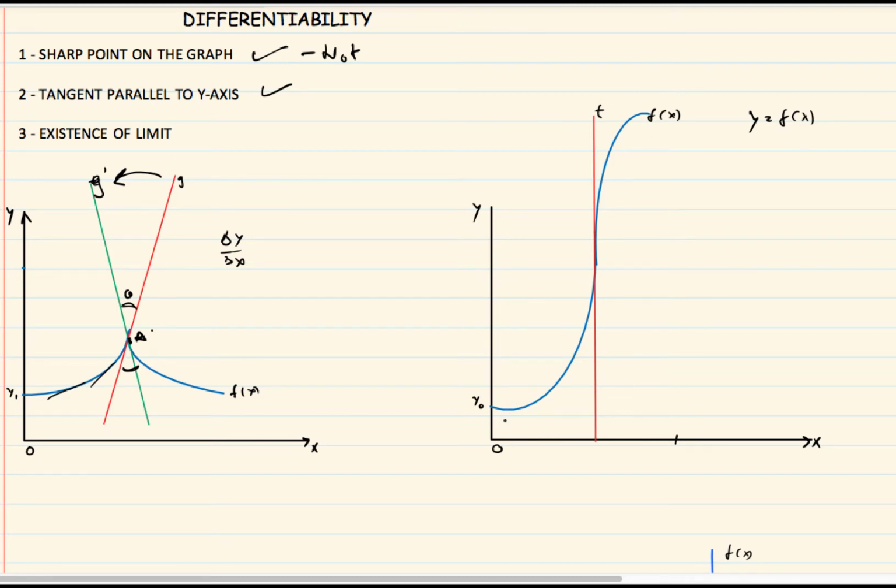If you draw a tangent, in the beginning the tangent will be something like this, and then it becomes something like this. Of course it's touching, and then when it reaches some point here, the tangent will be at 90 degrees with relation to x. So we have 90 degrees that is made by t, which is the tangent, and the x-axis.